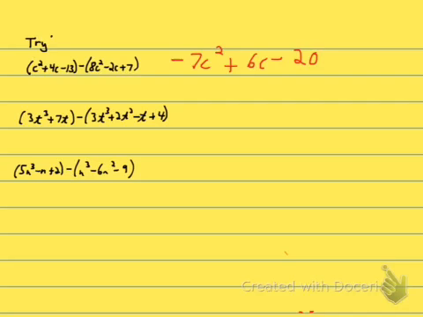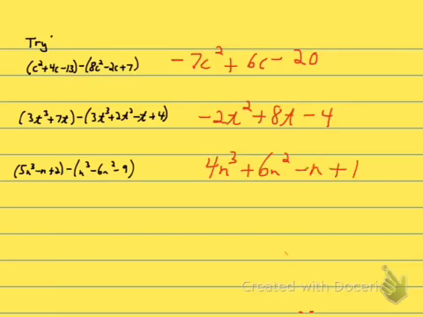Okay, for the next one, you should get negative 2t squared plus 8t minus 4. And for the last one, you should get 4n cubed plus 6n squared minus n plus 11.